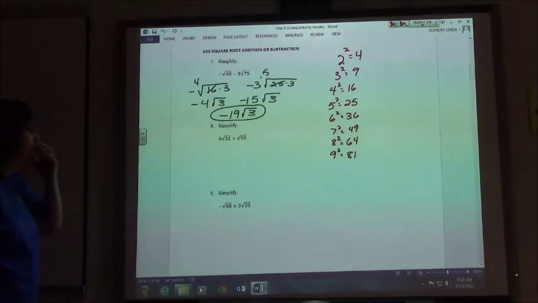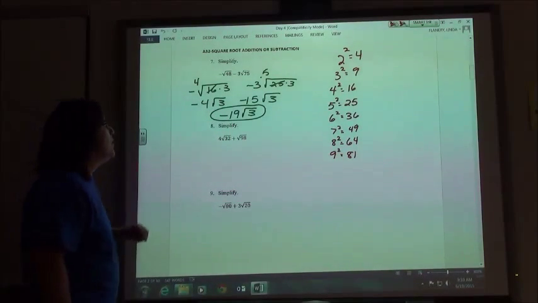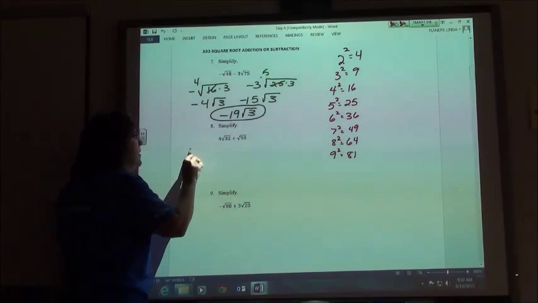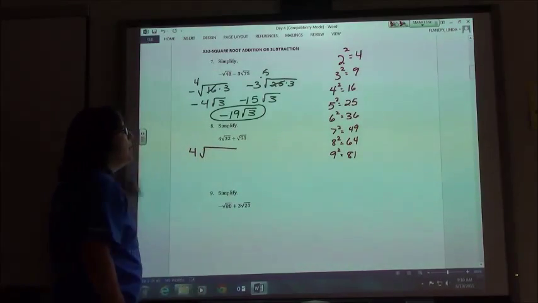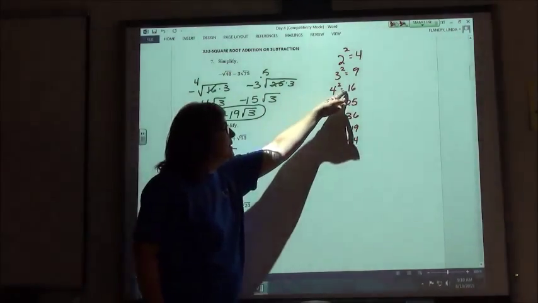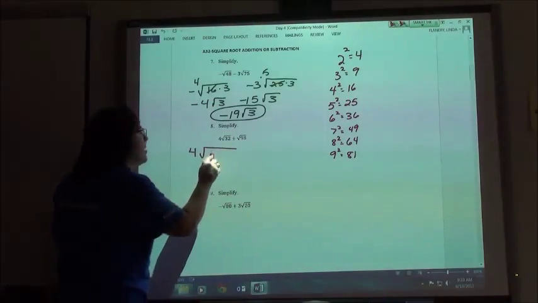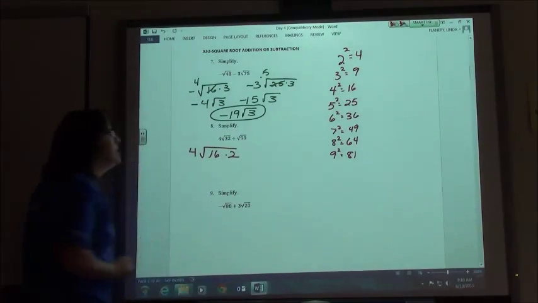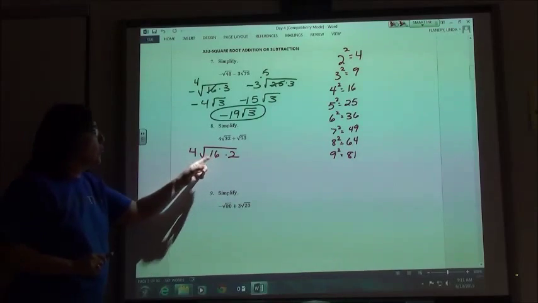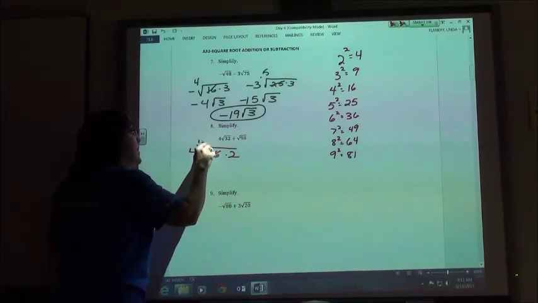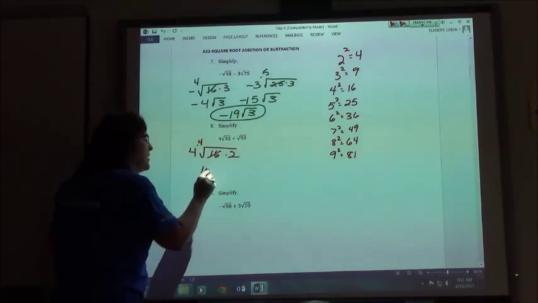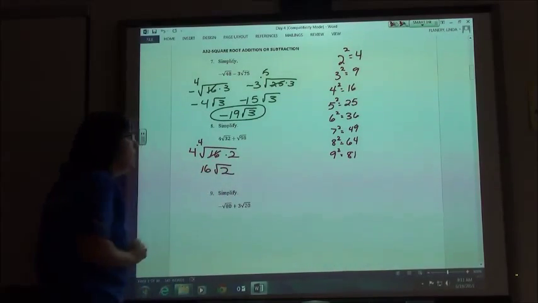So number 8, I want to simplify that one. I'm starting with 4 square root of 32. So I'm going to have my 4 in front. 32 again. 16 is the biggest perfect square. So 16 times 2 is 32. The square root of 16 is 4, so 4 times 4 gives me 16 square root of 2.